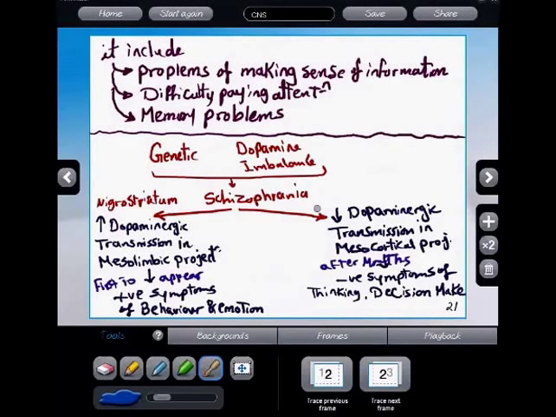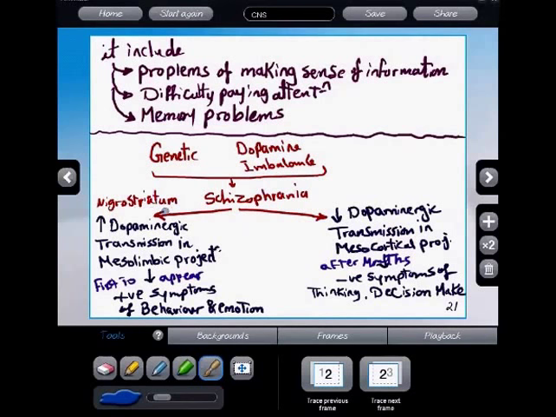So why does schizophrenia occur in the brain? Due to an imbalance in the brain of the neurotransmitter dopamine. So we can find that the genetic factor and dopamine imbalance are the major causes of schizophrenia.